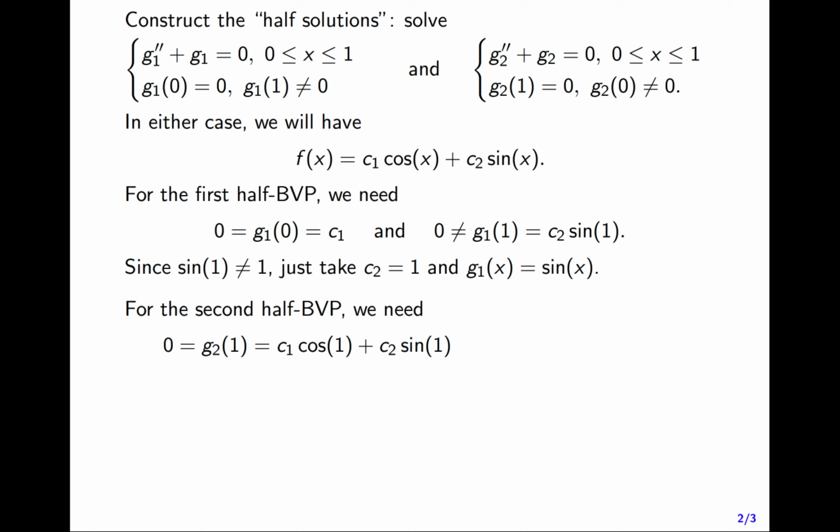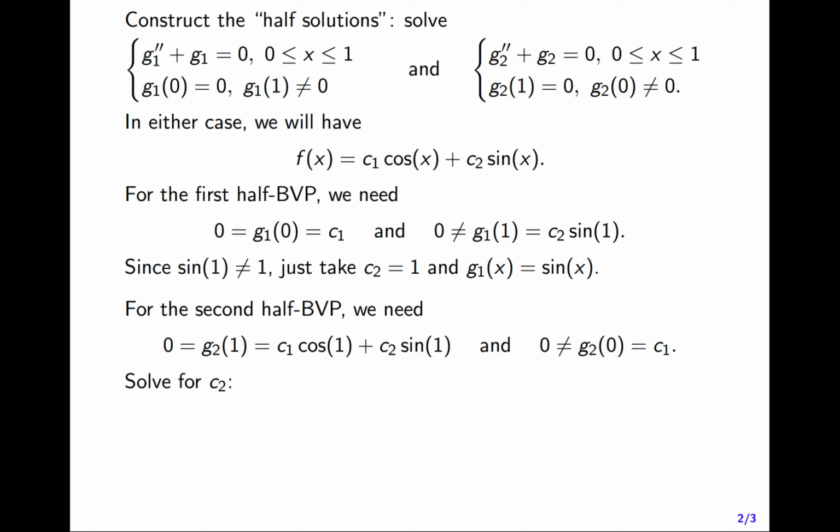So for the second half BVP, you want g2 of 1 to be 0. So that means you want c1 times cosine of 1 plus c2 times sine of 1 to be equal to 0. And you want g2 of 0 to be non-zero. And of course, g2 of 0 is still that constant c1. So let's try to solve the first equation for c2.